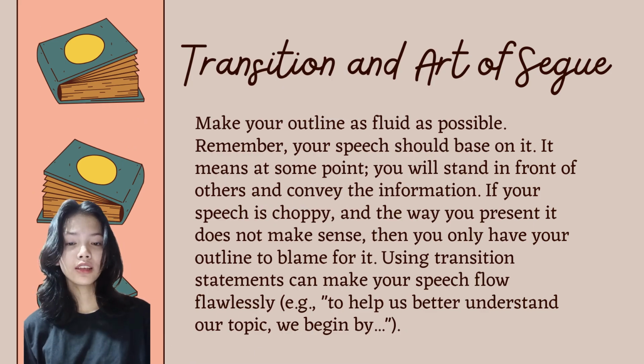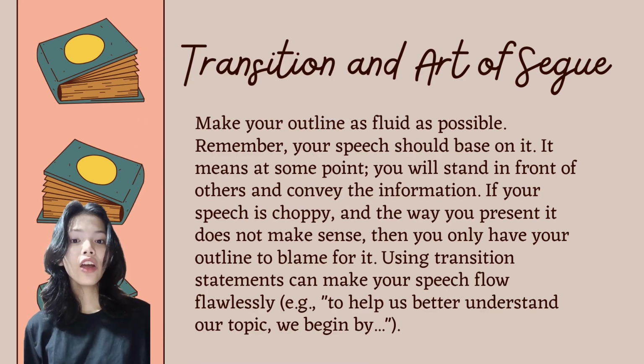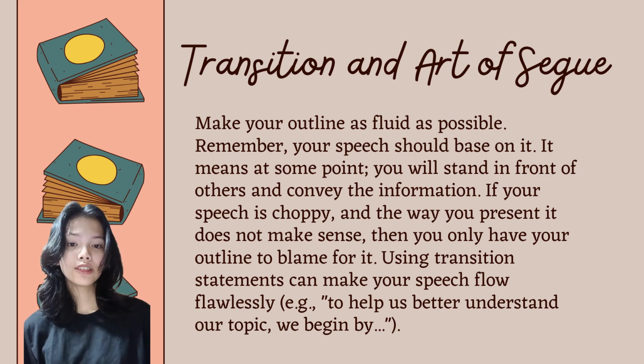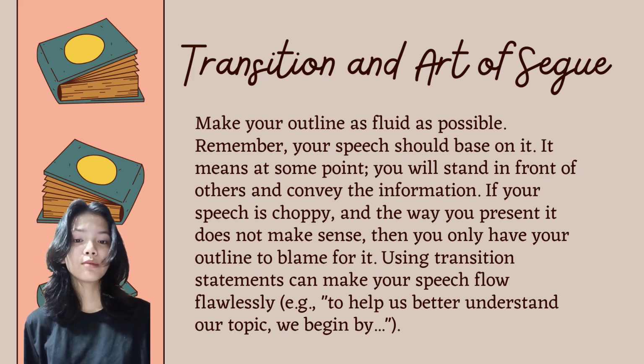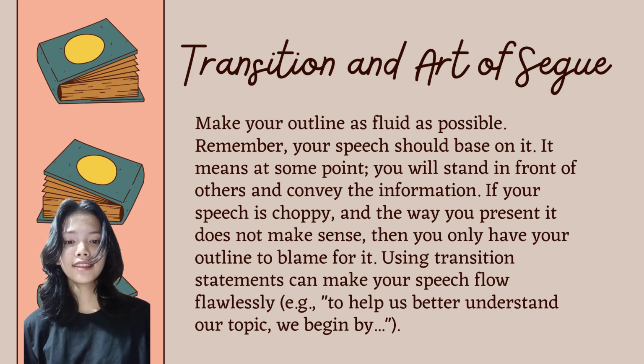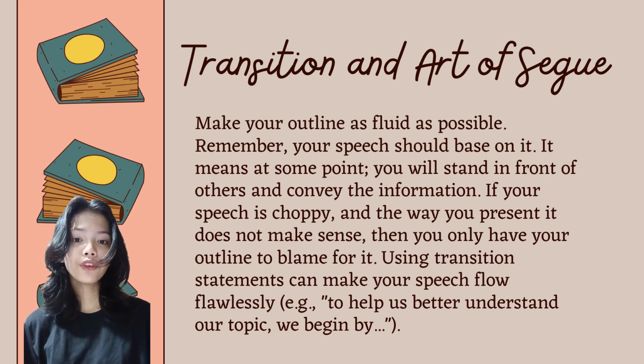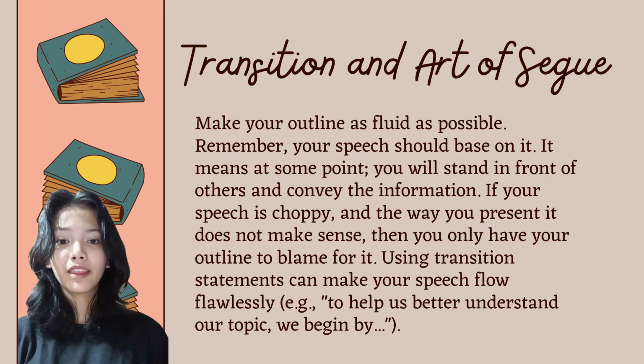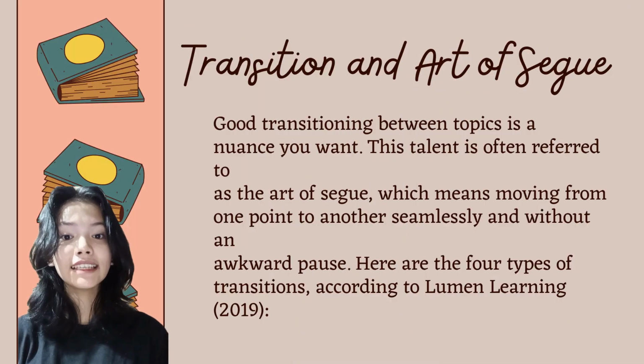Proceeding to our topic, the transition and the art of segueing, it is necessary for us to make our speech understandable, which means the flow of our speech should be smooth when transitioning to another topic. The use of transitional devices will assist us to further improve our transitions. It will also help us maintain our audience's attention and interest.